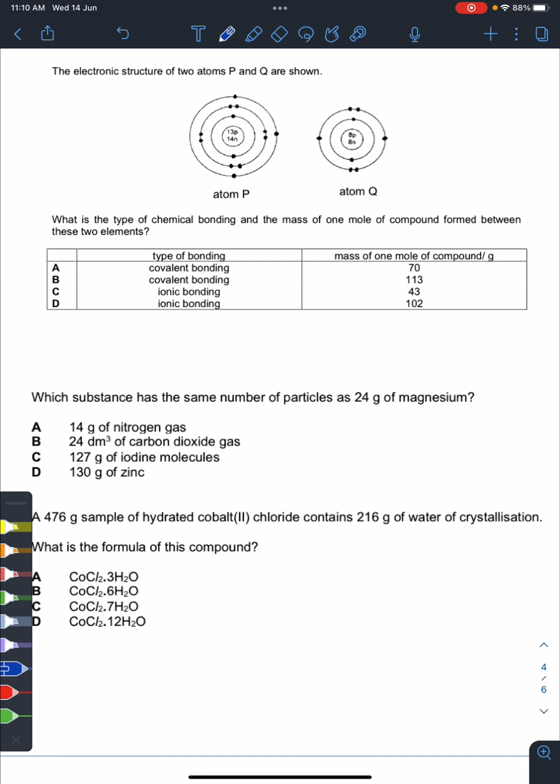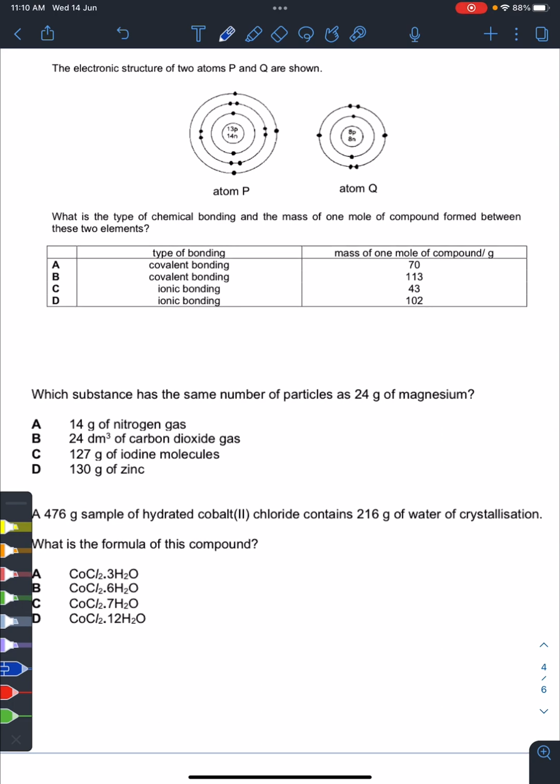Okay, so let's take a look at this question. When it comes to this kind of unknown, I like to find out what the element is. I'd rather deal with known elements than unknown. So 13 proton represents aluminium. Q is 8, oxygen. So just now we figured out earlier, it is Al2O3. Metal, non-metal, not covalent, they're ionic.